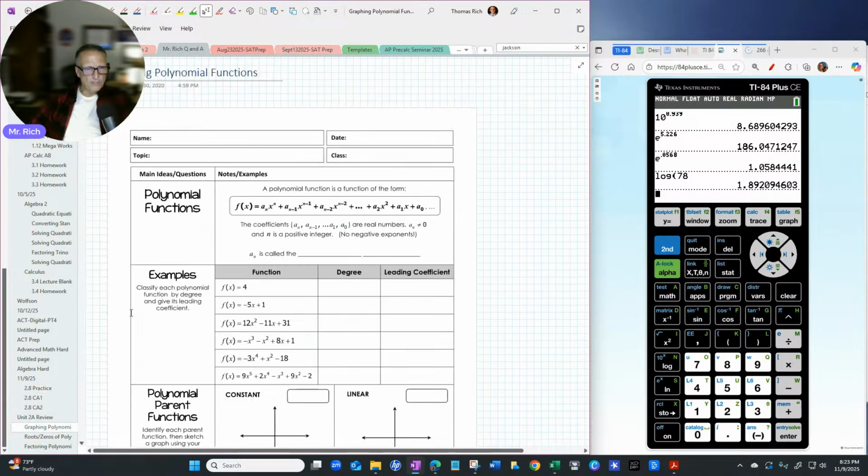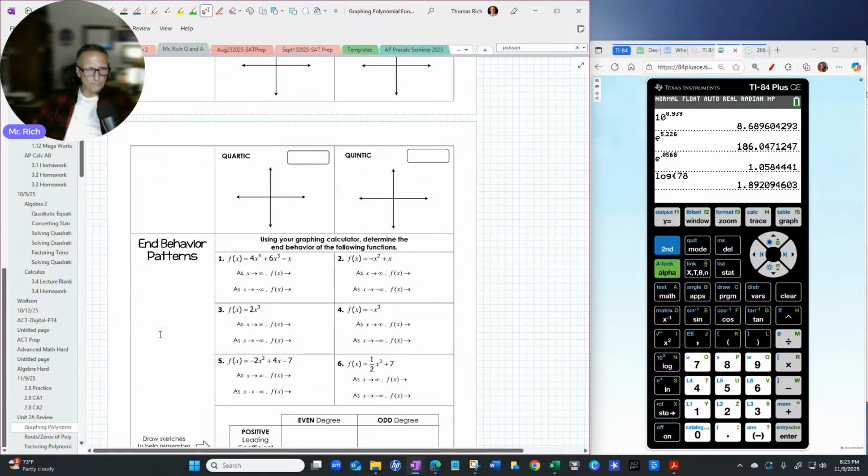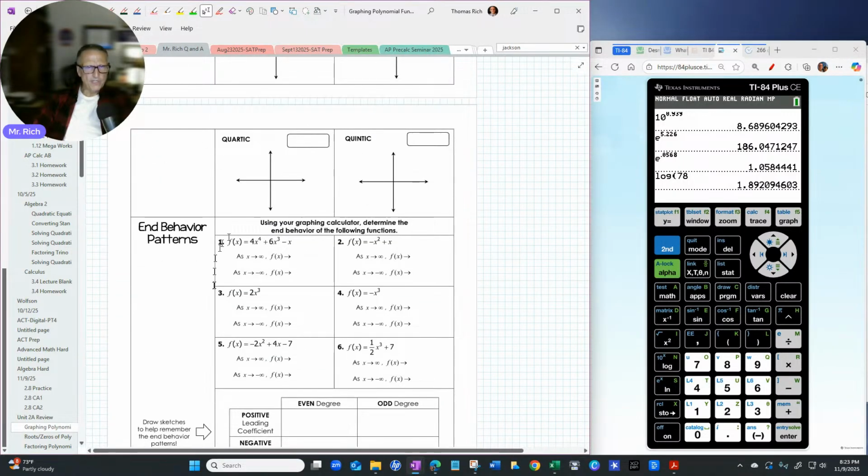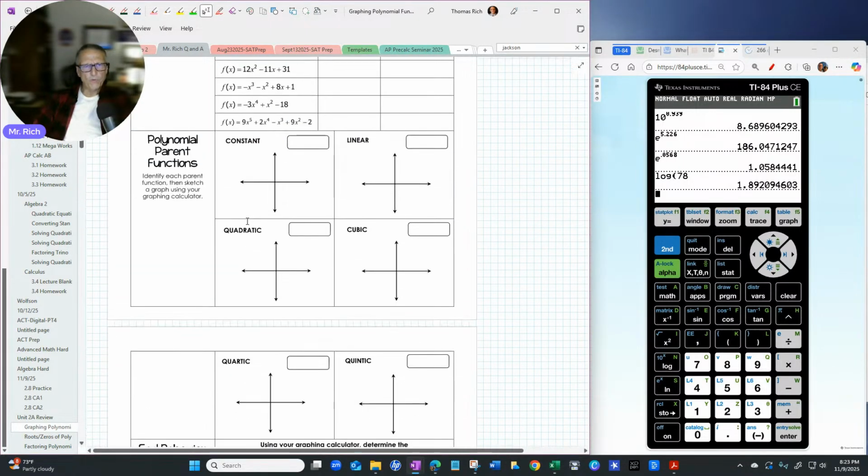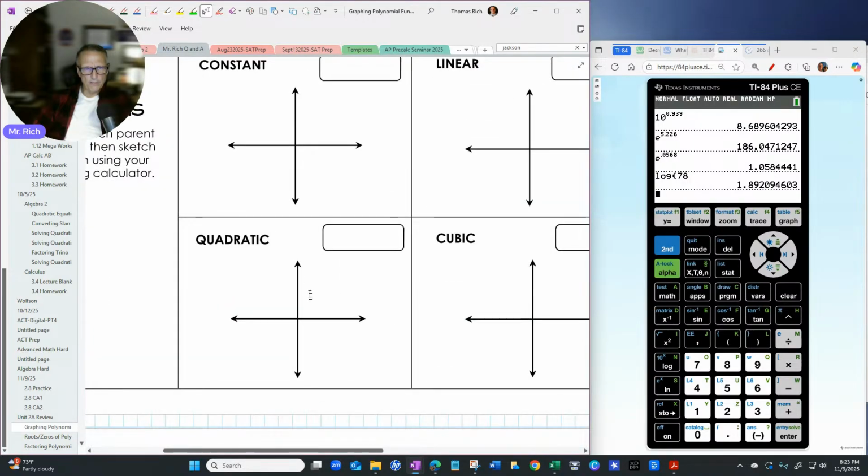I'm going to start with polynomials that you see right here. And I will start with quadratics as a polynomial.